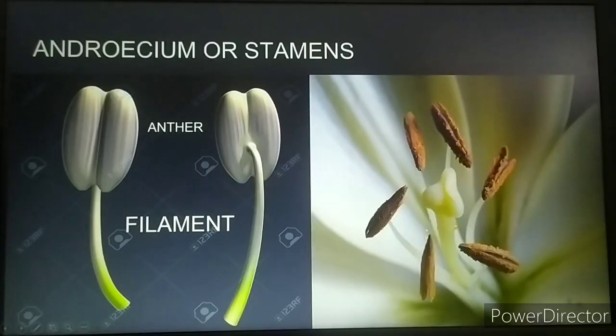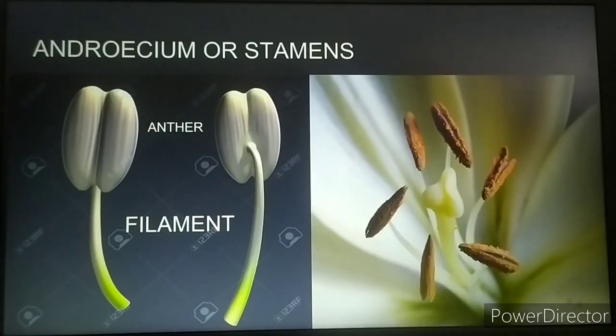As you can see in the second part of the figure, these stamens are attached to the pistil. This stamen is composed of two parts, that is the anther, and the stalk-like structure called the filament.